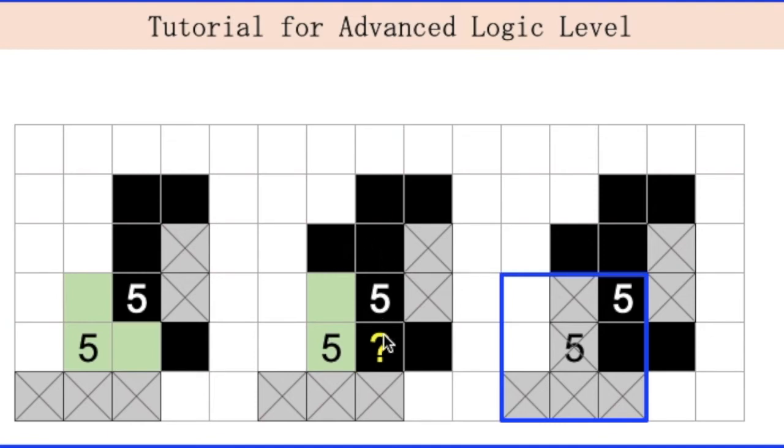Okay, and if this is the case, now let's look at this 5 here on the left. To make the 5, I need 3 more black spaces, but I only have space for 2.